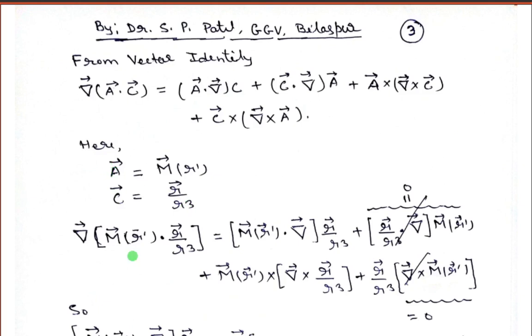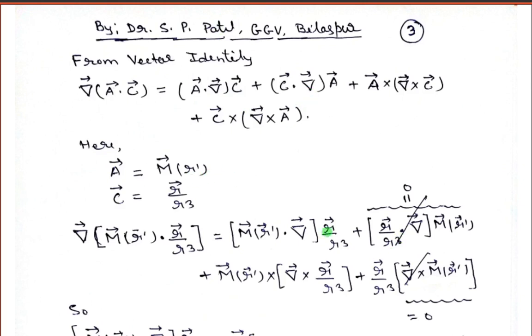If you put these two values in, what will we get? The dot product of capital M vector with r vector upon r cube, and if you take the gradient, then in place of A we write (M dot del) acting on vector c, that is r vector upon r cube, plus (c dot del) with c being r vector upon r cube.